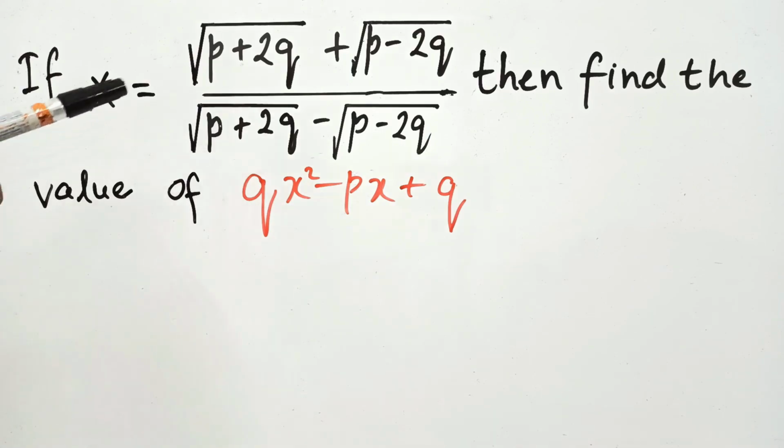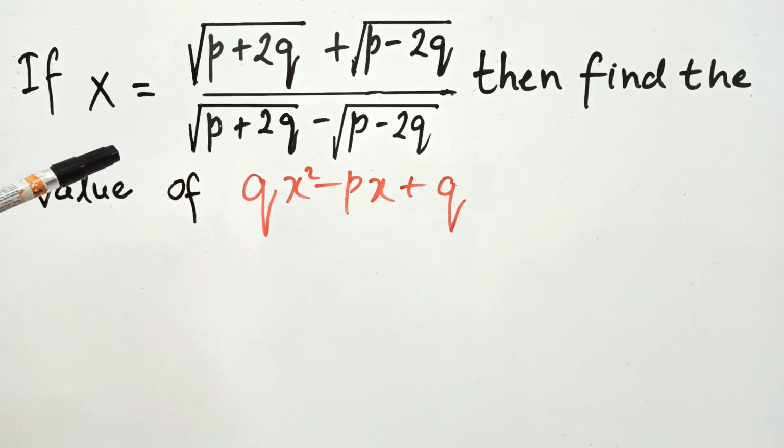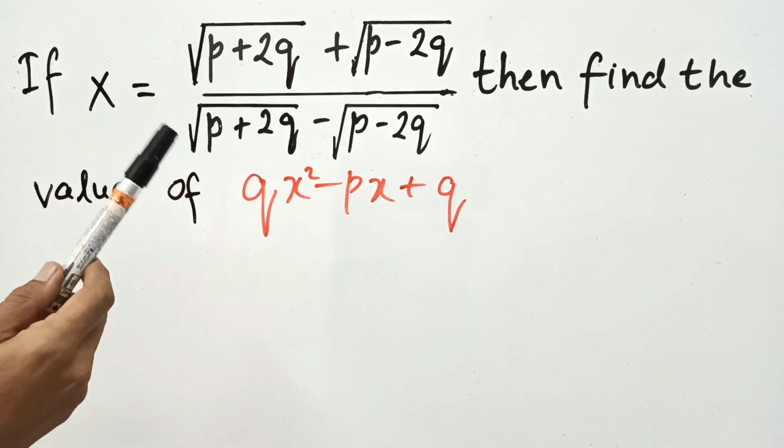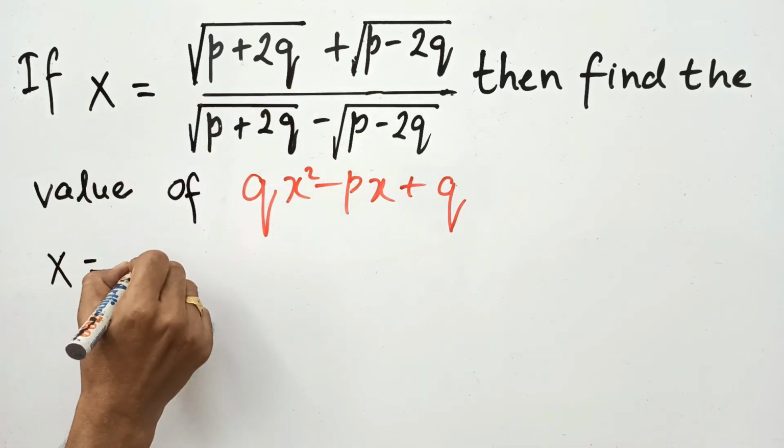If x is equal to this given expression, then we need to find the value of qx square minus px plus q. Generally, students consider this question very tough because it seems to be very tough, but it is very easy if you solve step by step and with patience. So let us first of all rationalize this expression.